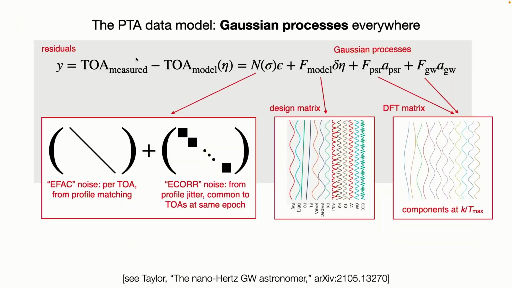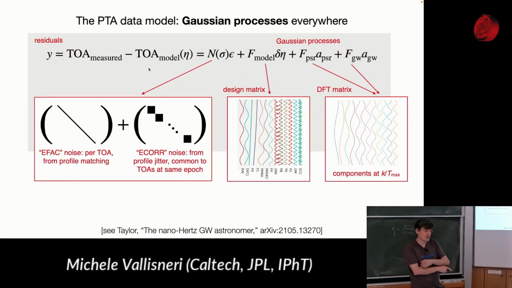Okay, that's the game. So you build, a bit like, you don't work with templates, right? Here we're trying to describe a stochastic signal. We don't know the shape in advance. So what you do is you build a model of your residuals, which includes measurement noise, which includes errors in all of these timing model deterministic effects that I was telling you about, and that includes Fourier components for the stochastic processes, both the intrinsic ones and the ones that would be gravitational waves.